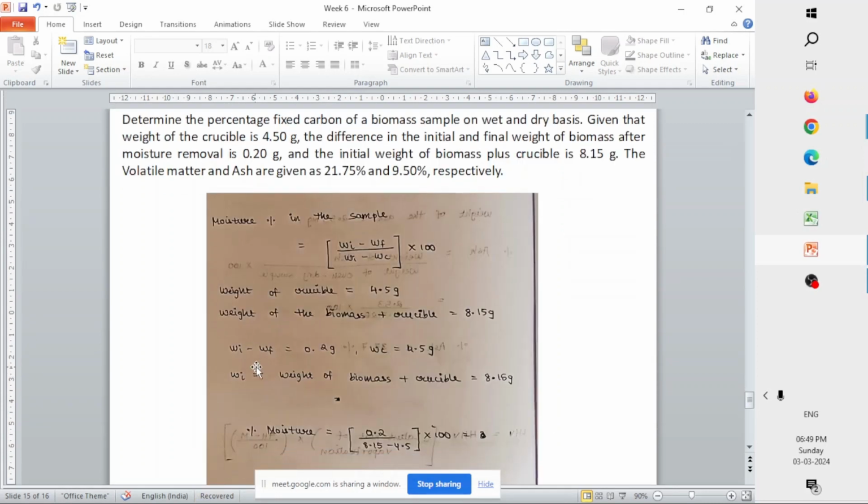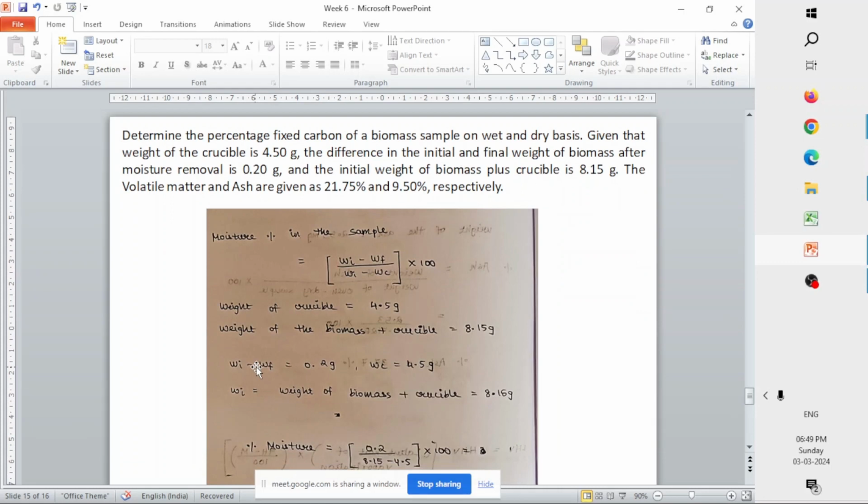Then we move on to the next question, and this will be the final question for our live interaction session for today. The question states: determine the percentage of the fixed carbon of a biomass sample on both the wet as well as the dry basis. You are asked to calculate the fixed carbon percentage.